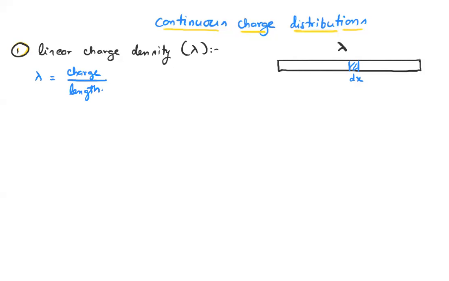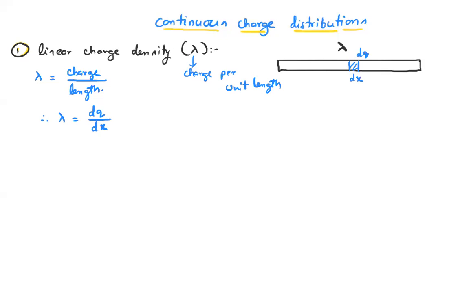Note the definition: linear charge density is charge per unit length. Due to that, lambda can be written as charge per unit length. Now, to find the charge over a length dx, I can write lambda equal to dq by dx.